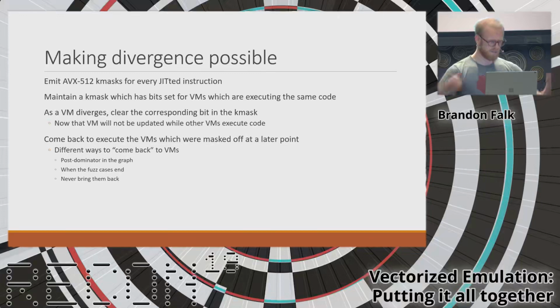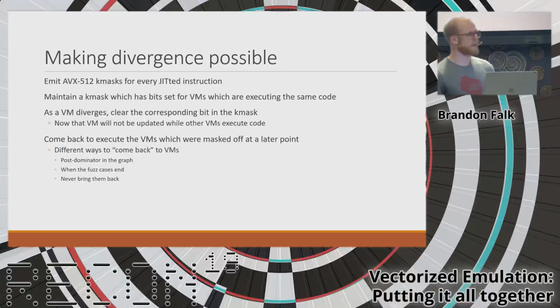So once you've masked off these VMs, you have to make a decision of when you bring VMs back. And there are a couple ways you can handle that. One, you can just ignore them. When one goes down a divergent path, you can mask it off and just drop it. Or you can mask it off and save that input, and you can use that as a new input in the future, and now you'll be able to follow that path more thoroughly.